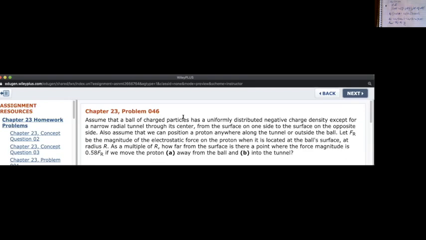Let Fr be the magnitude of the electrostatic force on the proton when it is located at the ball's surface at the radius r. All right. As a multiple of r, how far away from the surface is there a point where the force of magnitude is 0.58 FR?